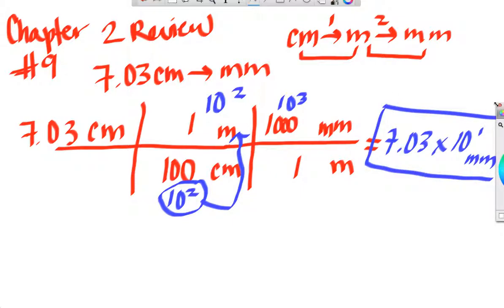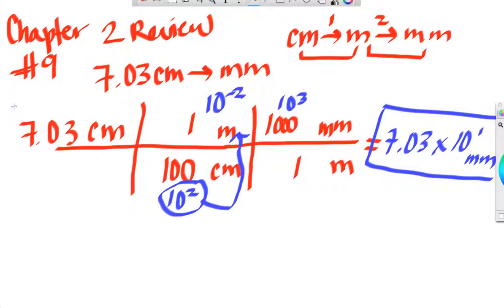So just to double check my math, there's a minus 2 here. So 7.03. If anything I wrote in blue confuses you, completely ignore it and just plug it into your calculator. So 7.03 times 1,000 divided by 100.